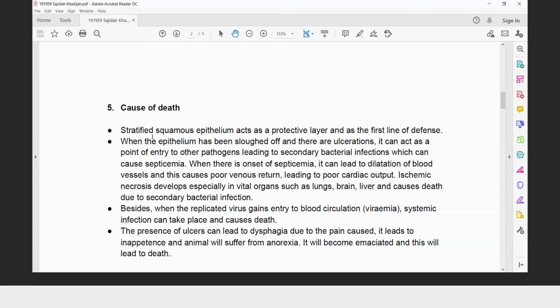Then you reverse back to the entry of the FMD virus into the stratum spinosum as a result of primary viremia, as a result of multiplication of the virus in the lymph organs, and then as a result of entry of the FMD virus from the oral cavity. This may be complete, but you want to stop also at the level of ulceration, erosion, vesicle, and so forth.